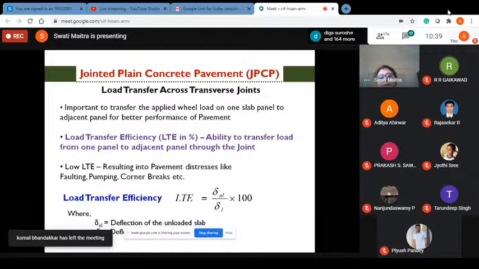You have to construct it properly with proper care, and only then can it serve longer with more durability. This is a picture of shrinkage cracks. Corner cracks are also common, because these are the locations where stresses become high. This is also a common type of distress in concrete pavement.